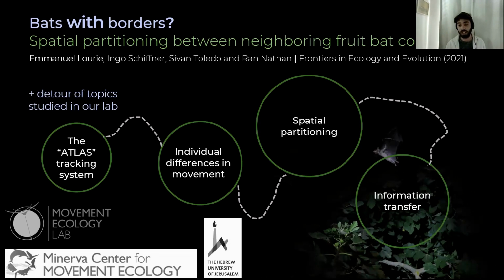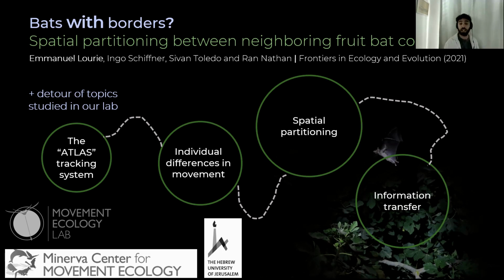So the general topics that we're going to follow would be, first, I would like to introduce you to the Atlas tracking system. It's a very unique system that we love and serves us very well. And there are a few things worth considering before you actually see the bat movement data. Then we'll look at our exploration of individual differences in movement, which are very stark in this particular species, and the things that maybe can or cannot explain these individual differences.